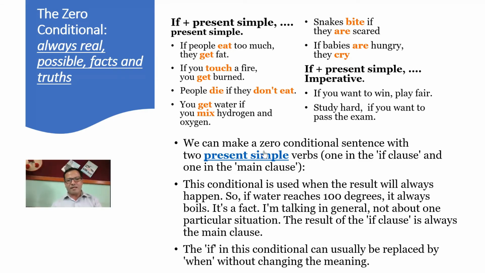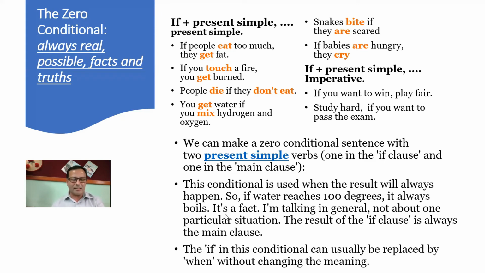See, we can make zero conditional sentences with two simple presents. So both should be simple present, one in the if clause and one in the main clause. This conditional is used when the result will always happen, when it is always true, always possible. Just like in the example, if water reaches 100 degrees, it always boils.